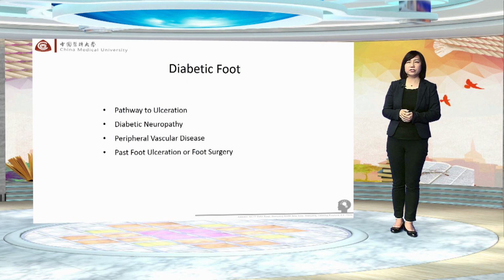Obtain a prior history of ulceration, amputation, Charcot foot, angioplasty or vascular surgery, cigarette smoking, retinopathy, and renal disease. Assess current symptoms of neuropathy like pain, burning, numbness, and vascular diseases.